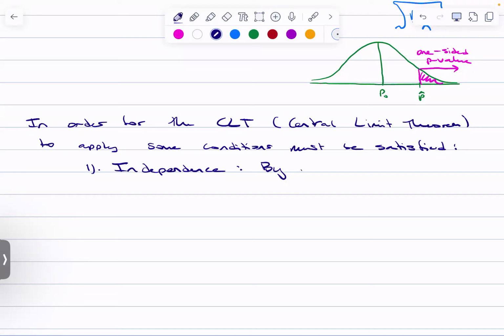So by randomly sampling, we can assume observations are independent of each other.